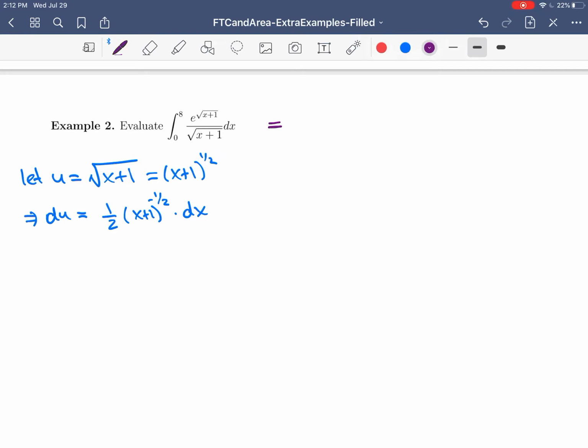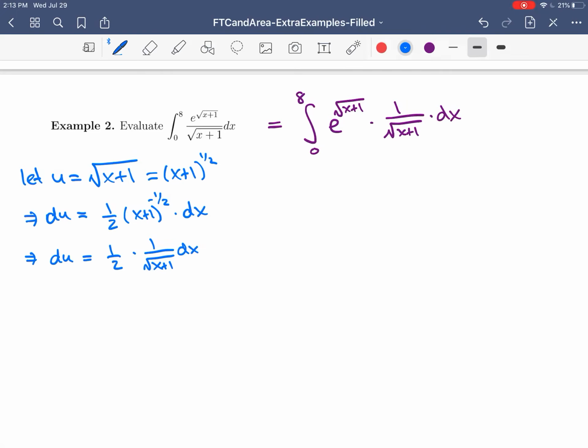Now if I rewrite this, it goes from 0 to 8, e to the square root of x plus 1 times 1 over square root of x plus 1 times dx. I see that this looks a lot like what I have, because x plus 1 to the negative 1/2 is 1 over the square root of x plus 1. So I'm going to move the 1/2 to the other side and say that 2 du is going to be equal to 1 over square root of x plus 1 dx.